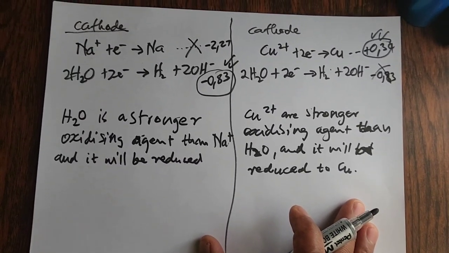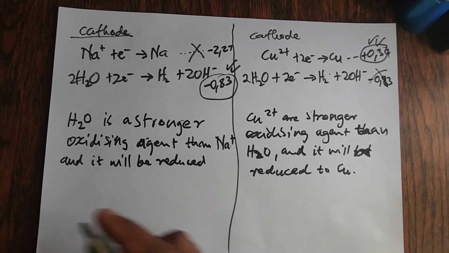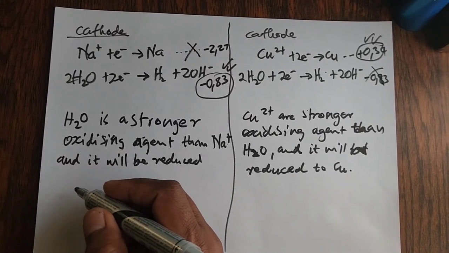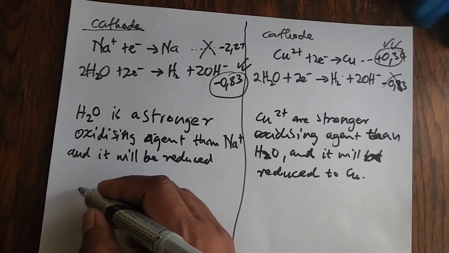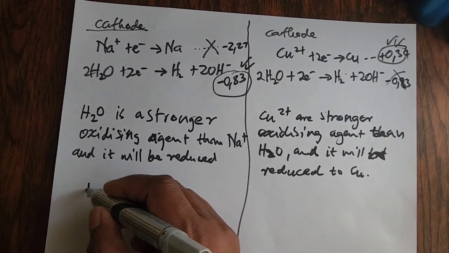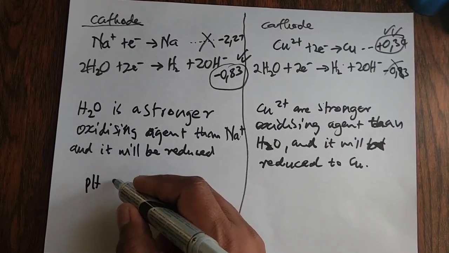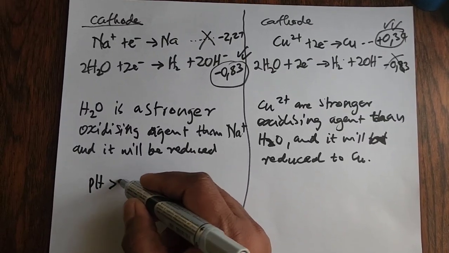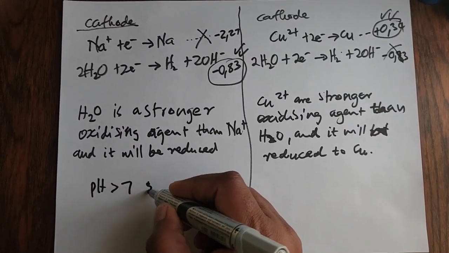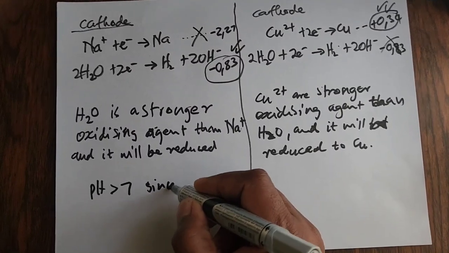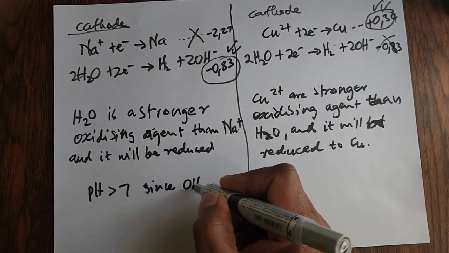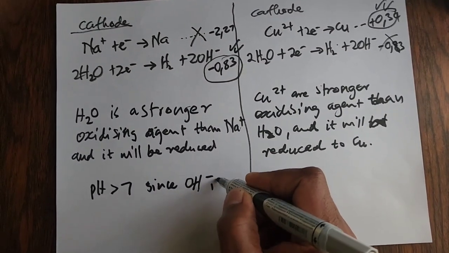What are the observations? Then sometimes they can ask you to say what will happen to the pH of that solution. Therefore, the pH of that solution will be greater than 7, since OH minus is formed.